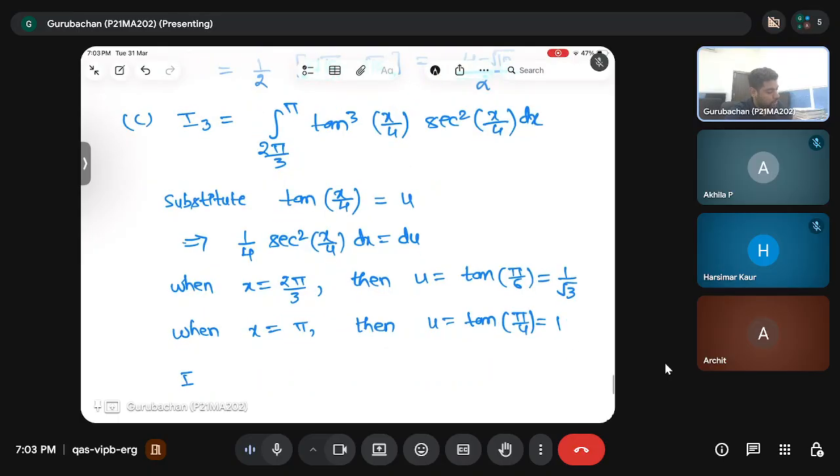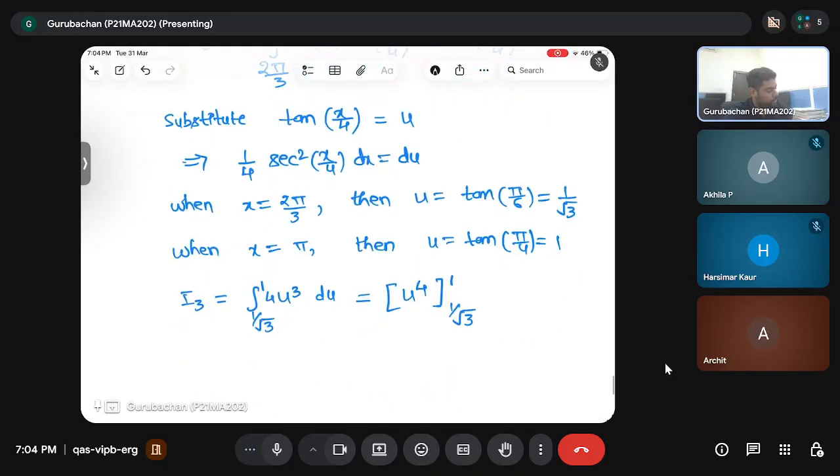So from here your I3 will be the integral from 1 by under root 3 to 1 of u cube du times 4. So this will be nothing but u to the power 4. If you write it like this, the 4 will be cancelled out. So 1 by under root 3 to 1. So this will give you 1 minus 1 by 9.